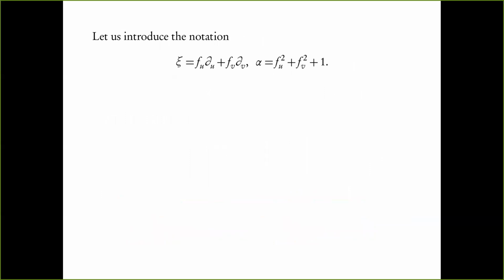So we are going to introduce the notation as I just remarked. We are going to call this vector field, which is defined on u or phi of u, by xi, and this function by alpha.